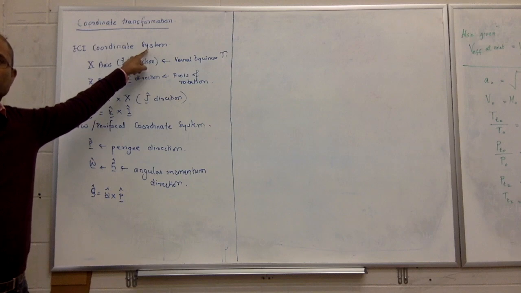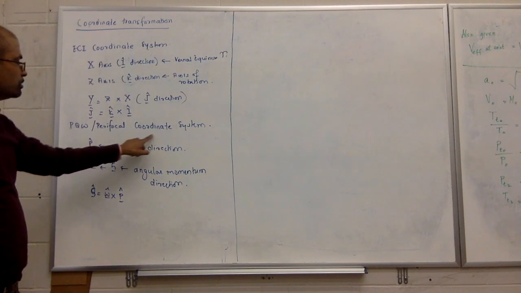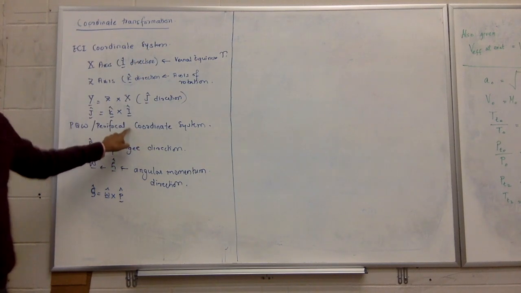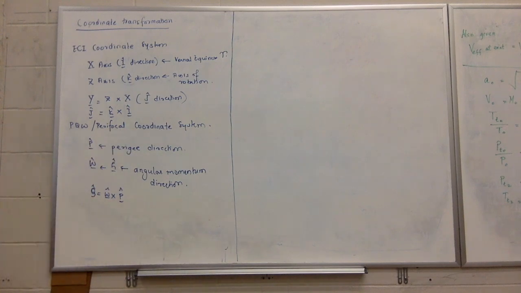Now look at this. What plane is this frame in? It looks like the orbital plane. To define a coordinate system, you can do it if you have a plane.